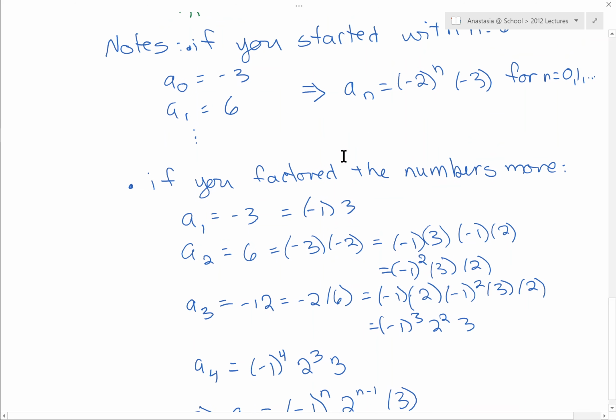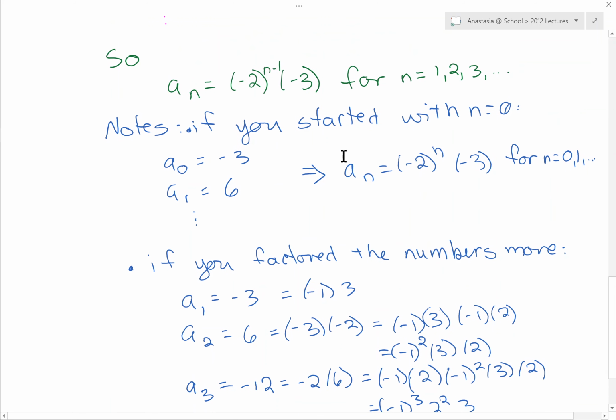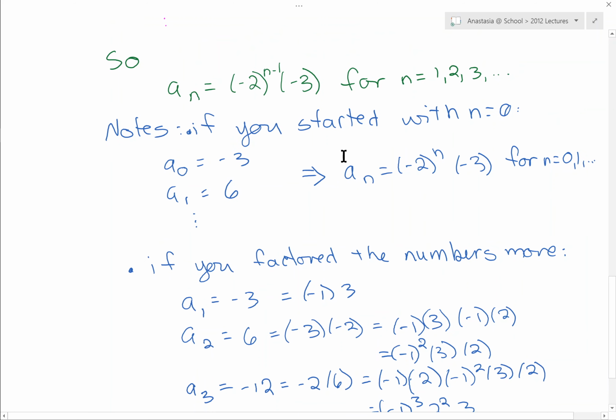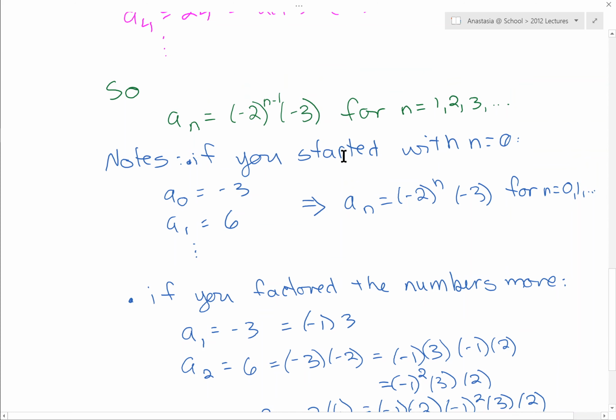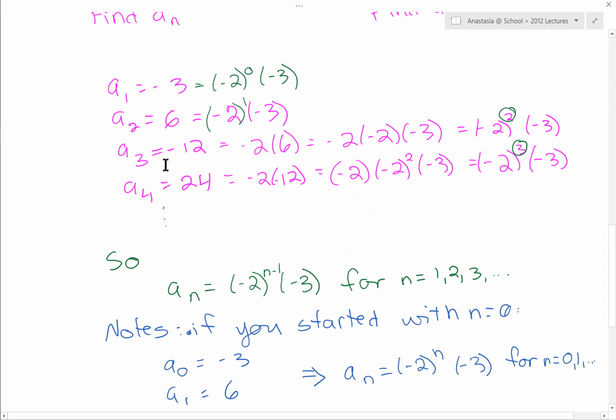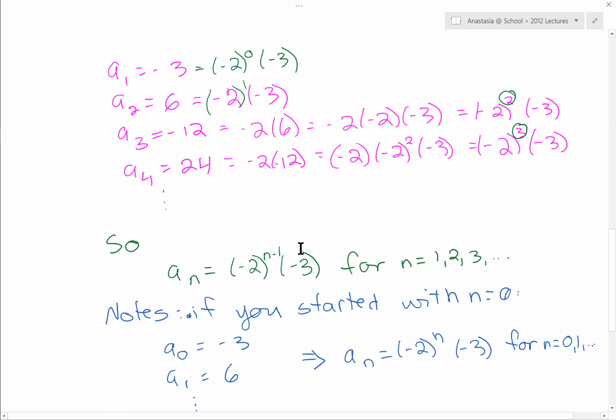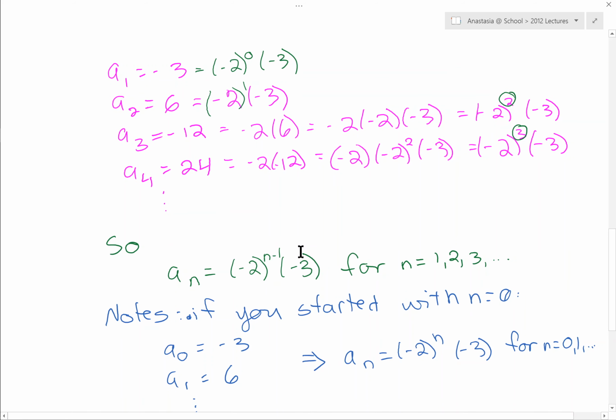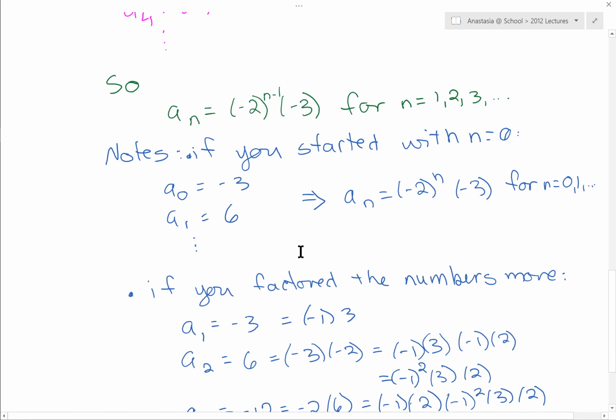So notice with these explicit formulas, there are multiple options for correct answers. There isn't necessarily only one answer. As long as you come up with a pattern that works for all of the numbers that are given to you, you can assume that the rest of the numbers follow that pattern as well. But you do need to make sure that you come up with some sort of pattern for all of your numbers.